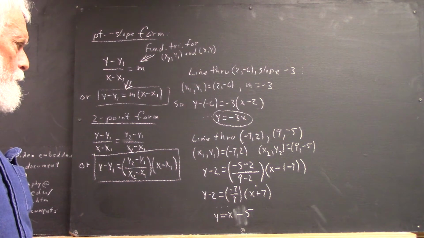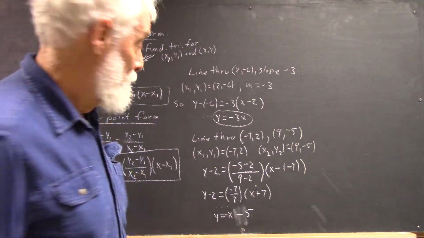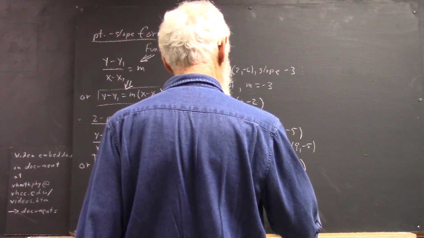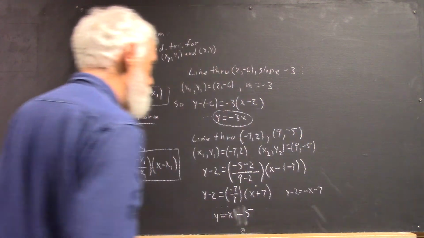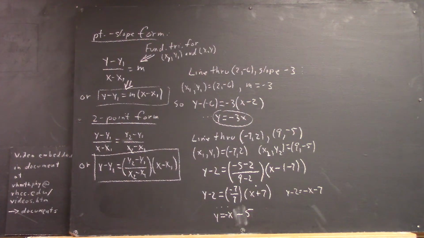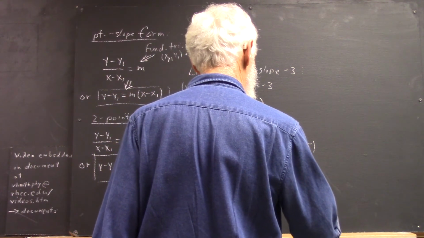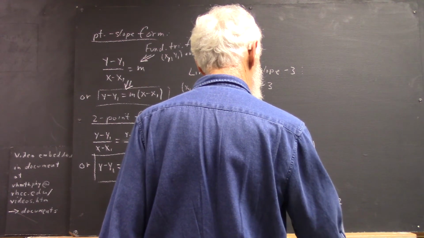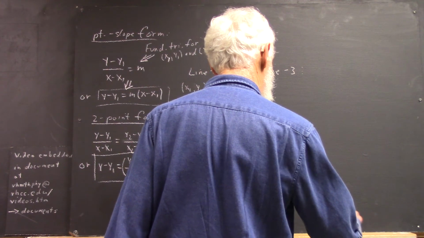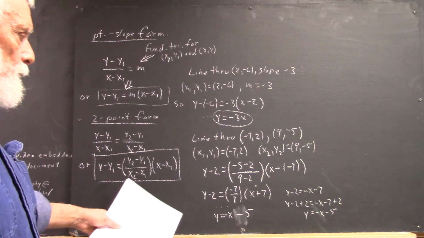Y minus 2 equals. Well, okay, let's do the intermediate steps that I'm skipping. Let's see if there's something wrong here. Y minus 2 equals negative x minus 7. And we add 2 to both sides. And we get y equals negative x minus 5, which is what I wrote down here.